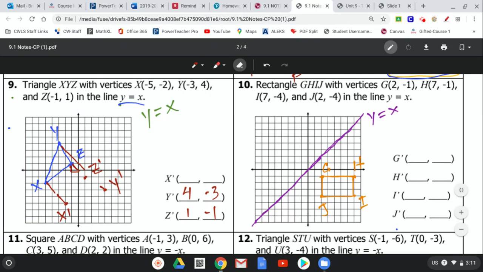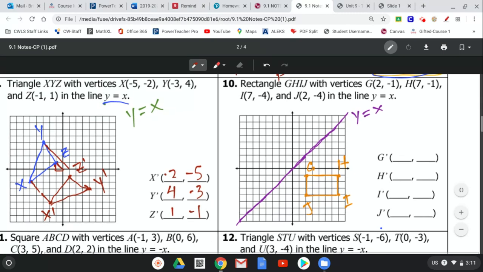Well, that gives us our coordinate for z prime, y prime, and x prime. And the coordinate for x prime would be negative 2, negative 5. So you can kind of see without the line of reflection, without all that going on, that's going to be the image. XYZ is going to be the pre-image, okay?